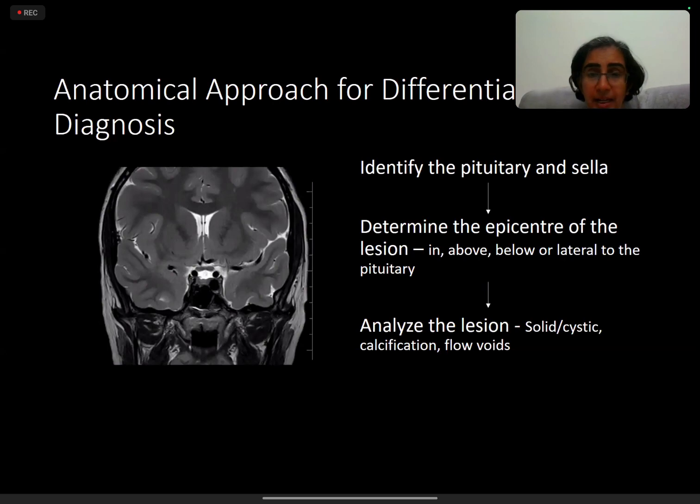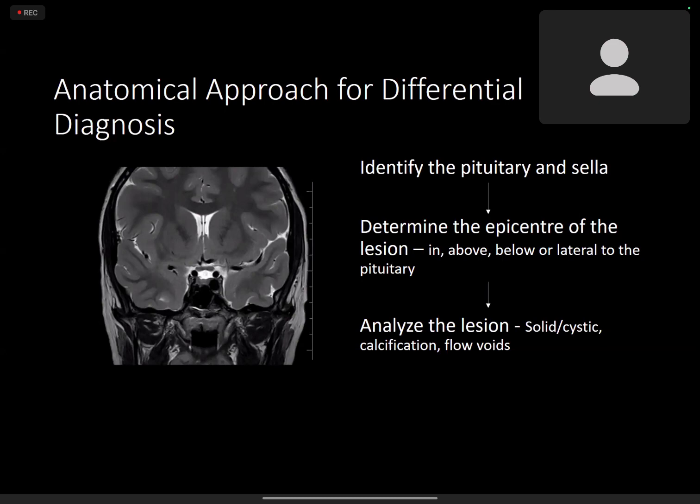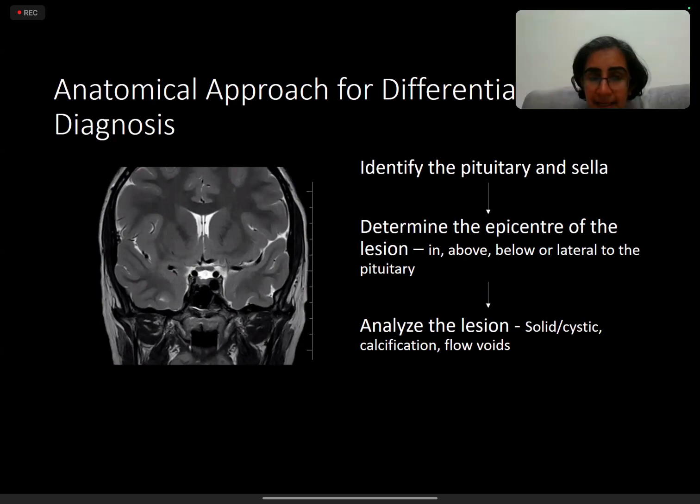Avni, or shall I continue? Ma'am, I think that the craniocaudal dimension of the pituitary is enlarged in this case. Okay. Anything else?